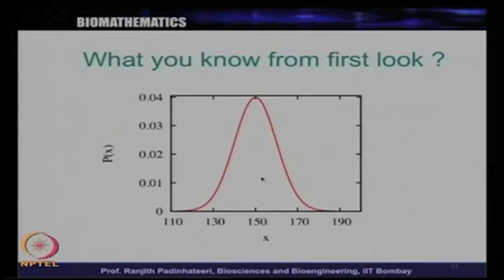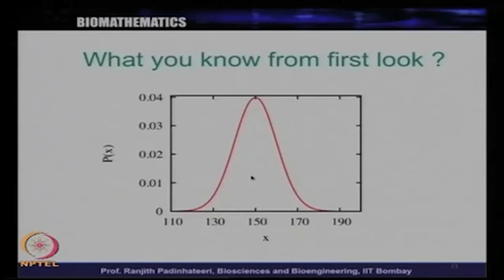You can measure the width of the distribution at various places. Which of these widths will give you sigma? Will this distance give you sigma, or this distance, or this distance? This is the question: which of these distances will give you sigma?